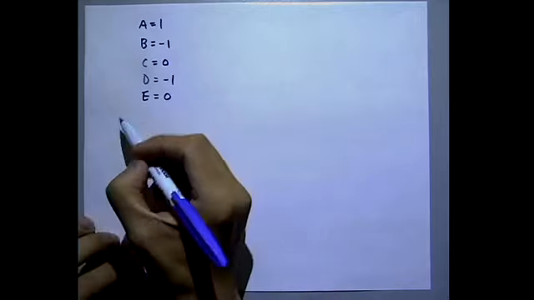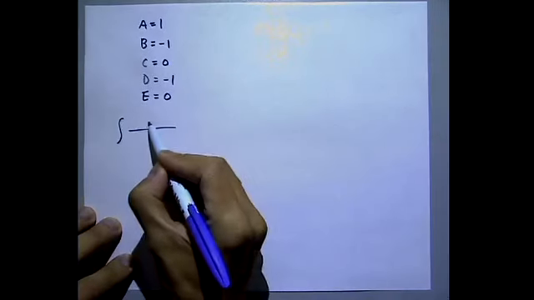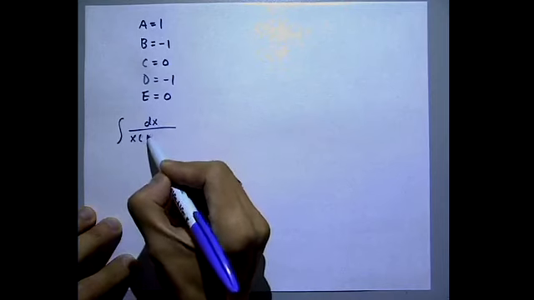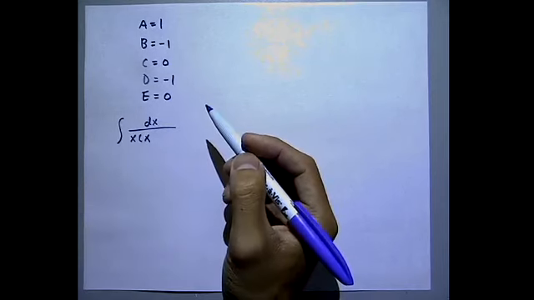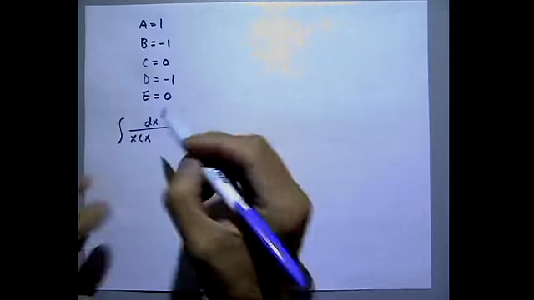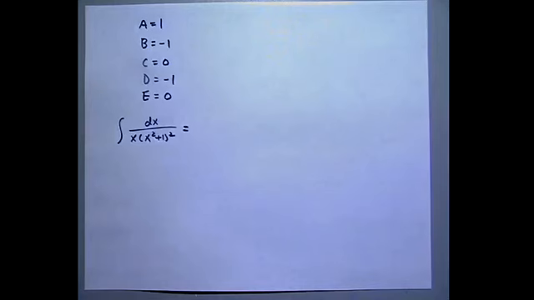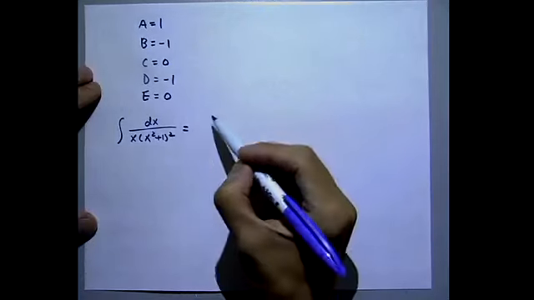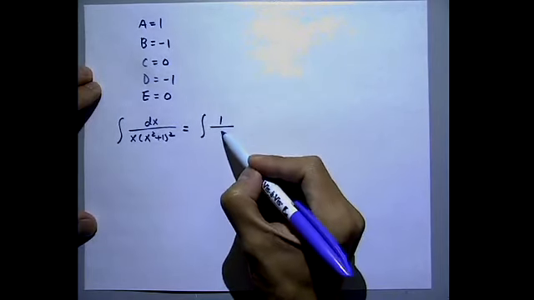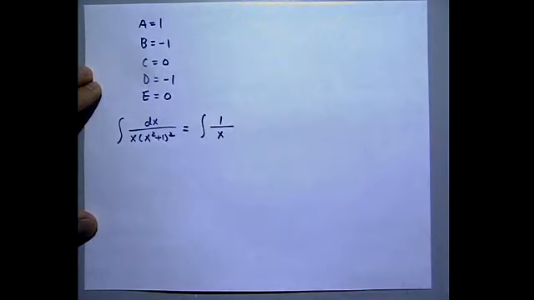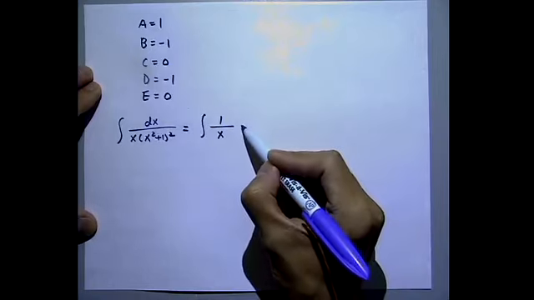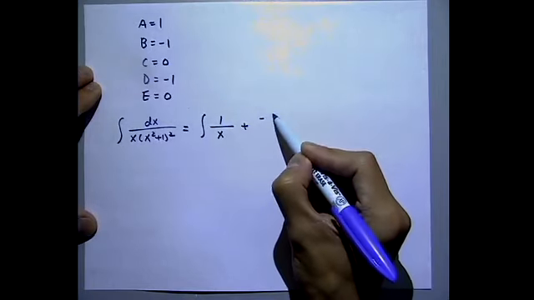Okay, now we're going to go integrate what we started with. X squared plus 1 squared. So first we get A over x, and then Bx plus C. So here's Bx.